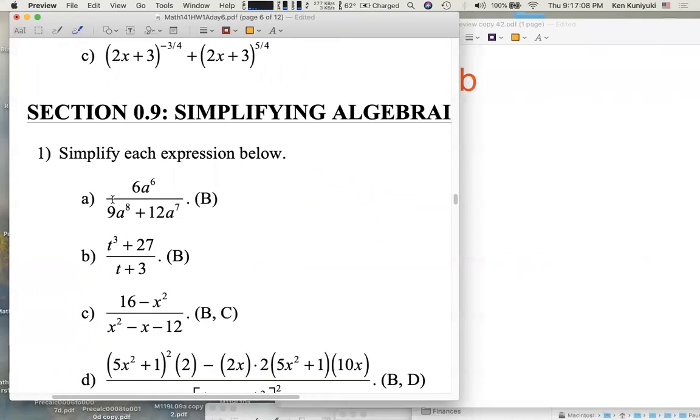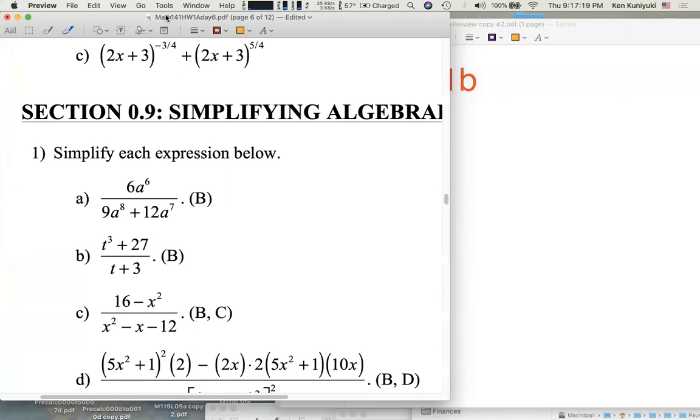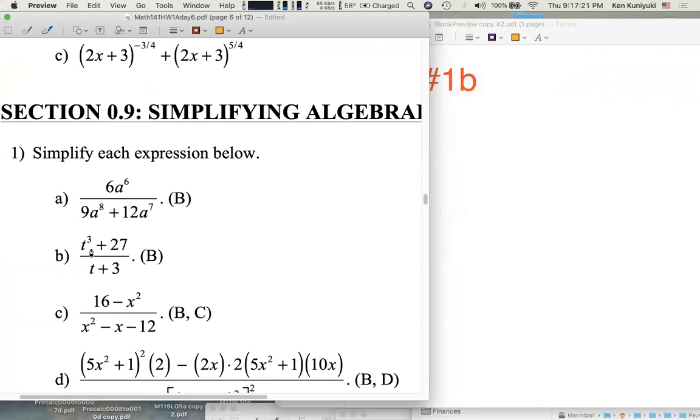Yes. Actually, I did this in the YouTube video. I believe I did this in the YouTube video. So I could come back to this later, but I believe I addressed this. I'll give you a hint, though. T cubed plus 27. That's a sum of 2 nice cubes. It's a SOAP problem, right?